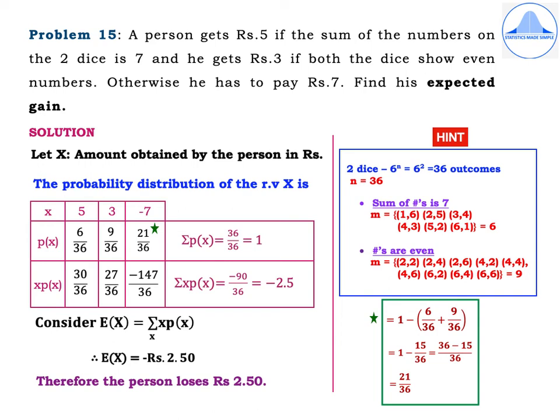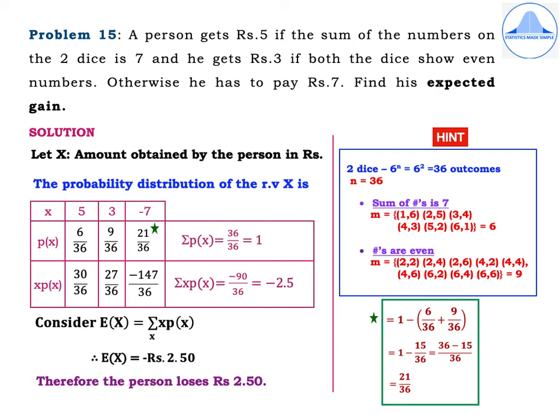Now, the next important step is to find out the corresponding probabilities. So, in the second row of the table, you have P of X. Now, when does the person get 5 rupees? If the sum of the numbers on the two dice is 7. Under the hint, we have found that the number of favorable outcomes for sum 7 is m equal to 6.